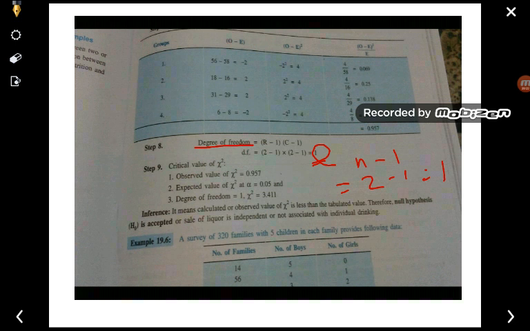Step 9 is the critical value of chi-square. We know that the calculated value was 0.957, summation of all these chi-square values, the significance level was 0.05, and the degree of freedom is 1.